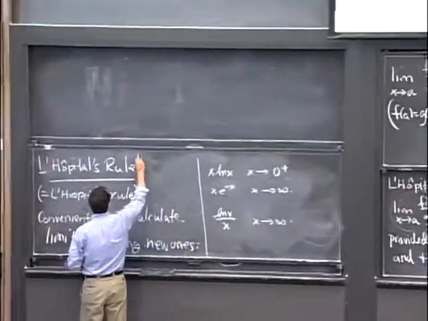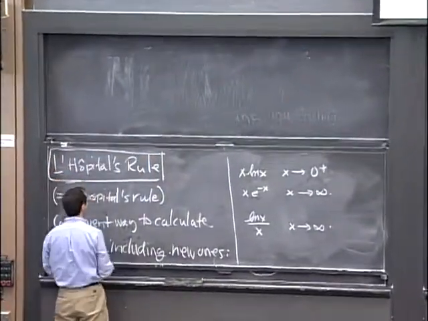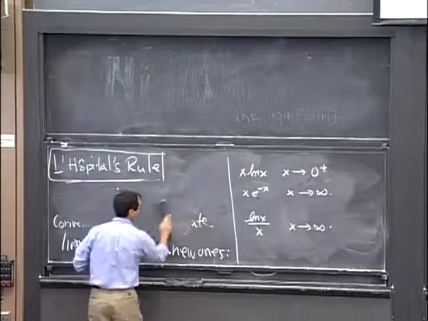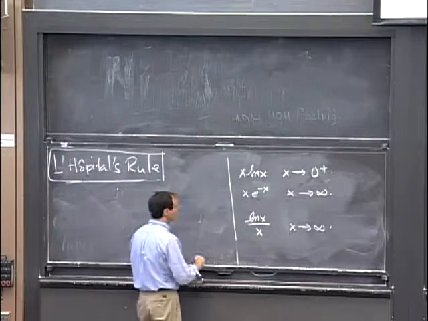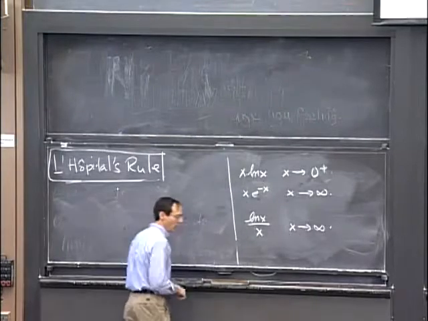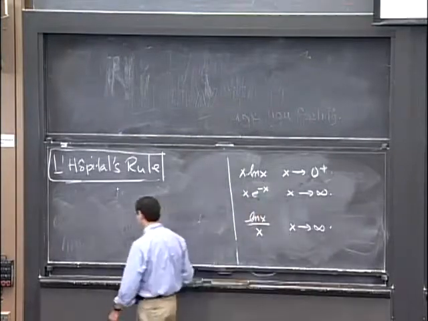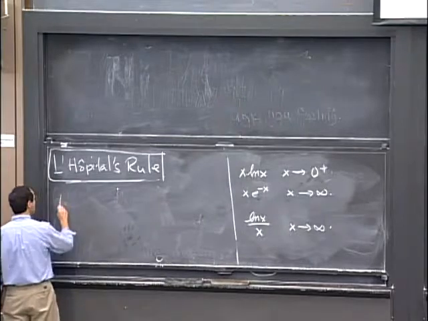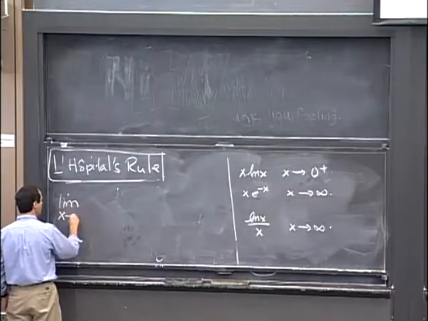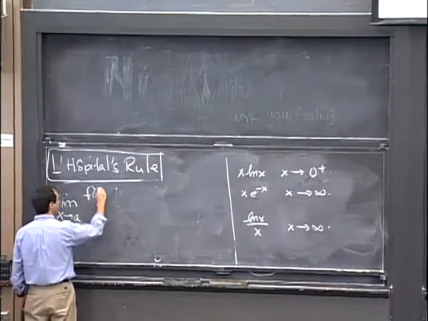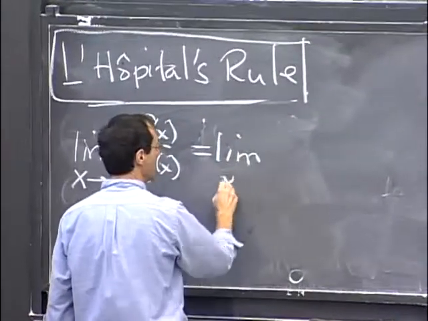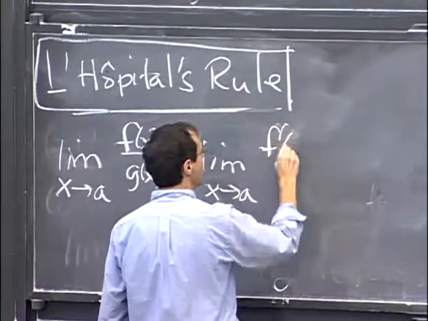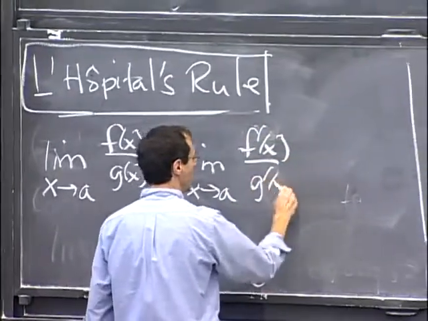Now we're going to do L'Hopital's rule over again. Here's the property: the limit as x goes to a of f of x divided by g of x is equal to the limit as x goes to a of f prime of x divided by g prime of x.